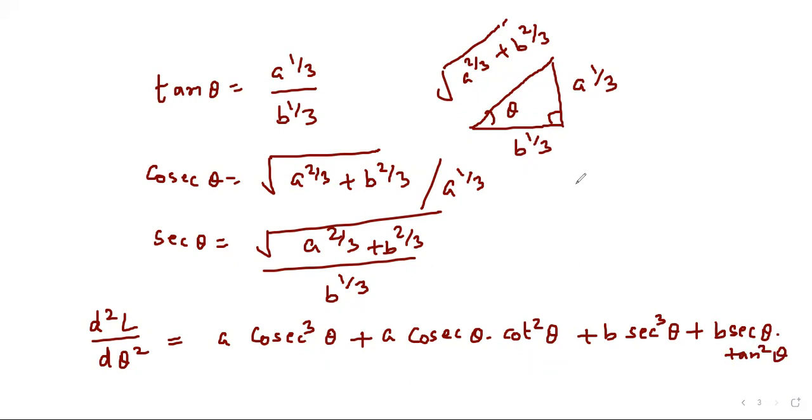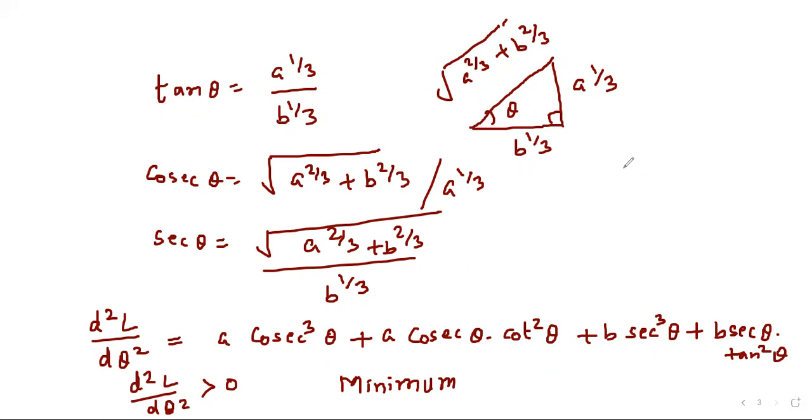Since all values are positive, so obviously d2l by d theta 2 will be greater than 0. Hence, function will be minimum. So, function is minimum. Now, we have to find out length of hypotenuse. So, let's see what is length of hypotenuse.